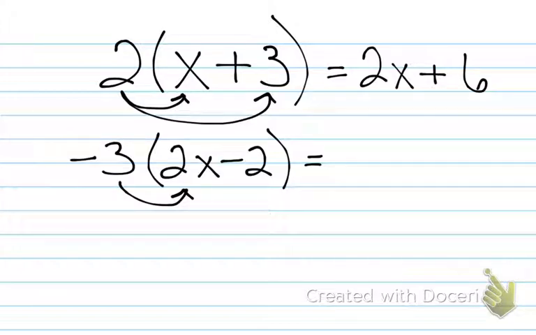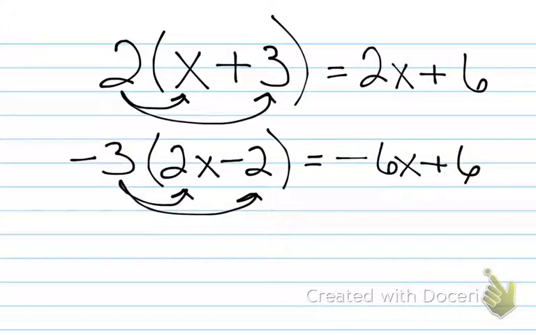I multiply the coefficients. Negative 3 times 2, negative 6x. What's negative 3 times negative 2? Positive 6. You see, guys, we don't add them or subtract them. Even though there's a minus sign there, we're multiplying. That's the number one mistake that I see.